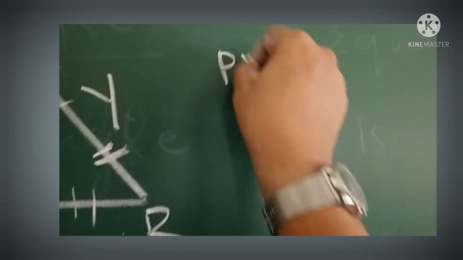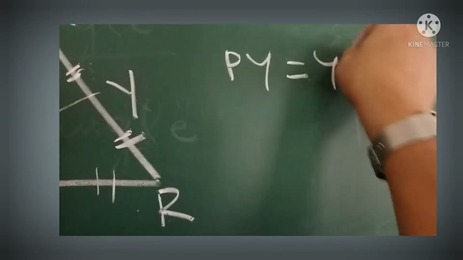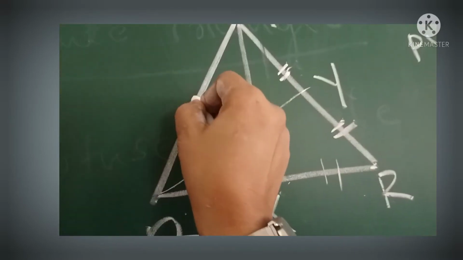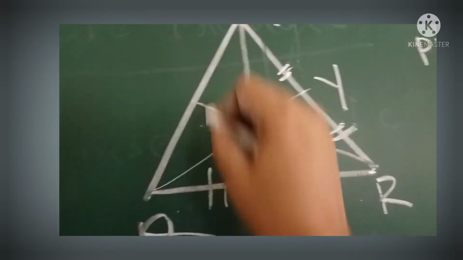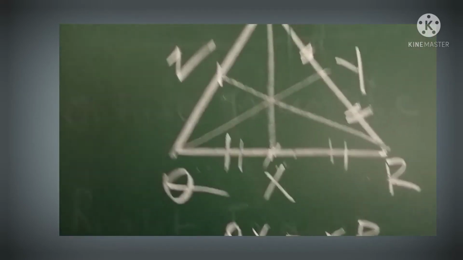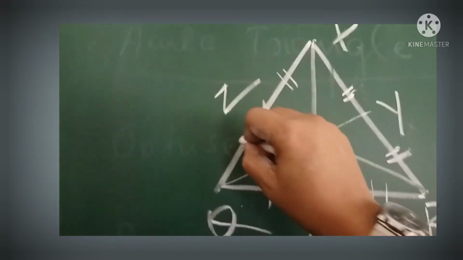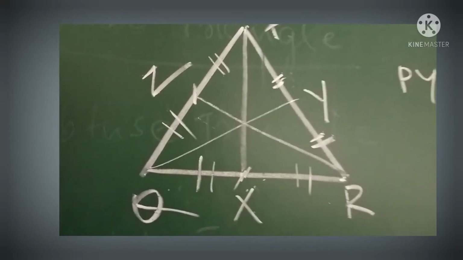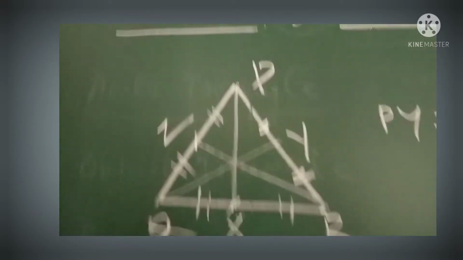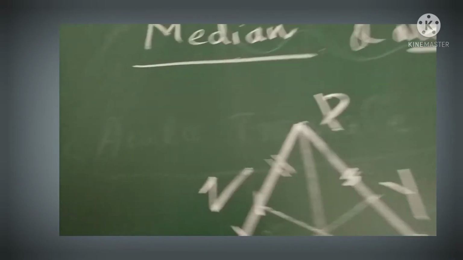Then we can write PY is equal to YR. Then from R also we can draw, let it be RZ, such that PZ is equal to ZQ. These types of line segments are called medians of a triangle.